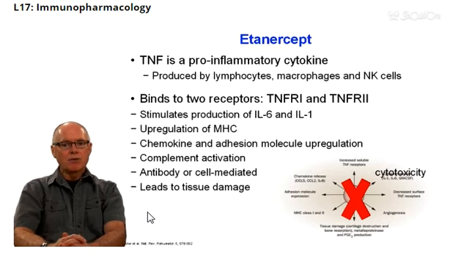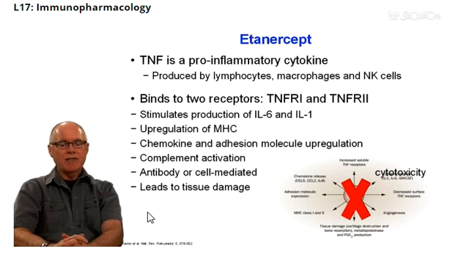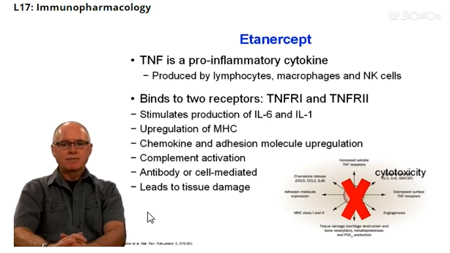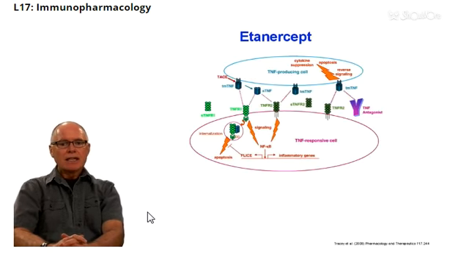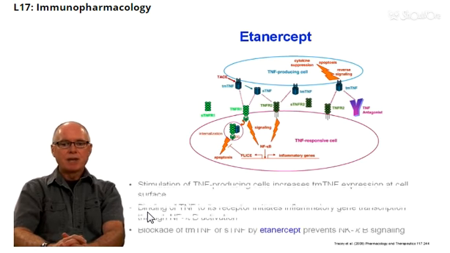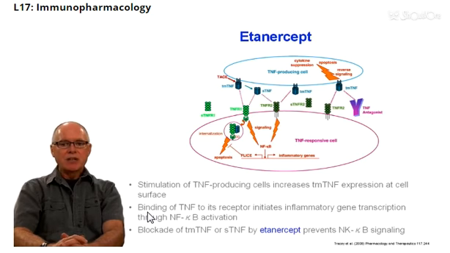Etanercept binds to both TNF-alpha and TNF-beta and inhibits TNF-mediated inflammation. Etanercept can prevent TNF from binding to its receptor. Upon stimulation of TNF-producing cells, there's an increase in the surface expression of transmembrane TNF, denoted here as TM-TNF.